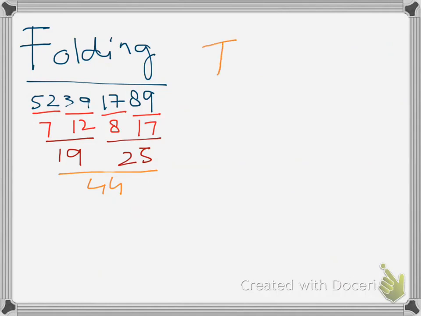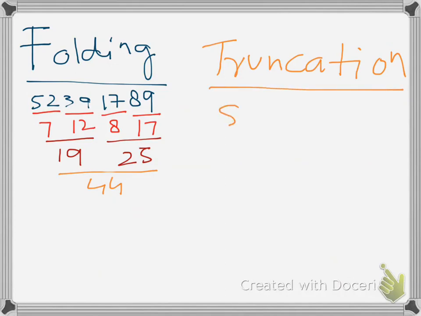Now in truncation. In truncation, let's take the same number once again, 5, 2, 3, 9, 1, 7, 8, and 9. In truncation, what happens is that we take a few numbers and we truncate a few.